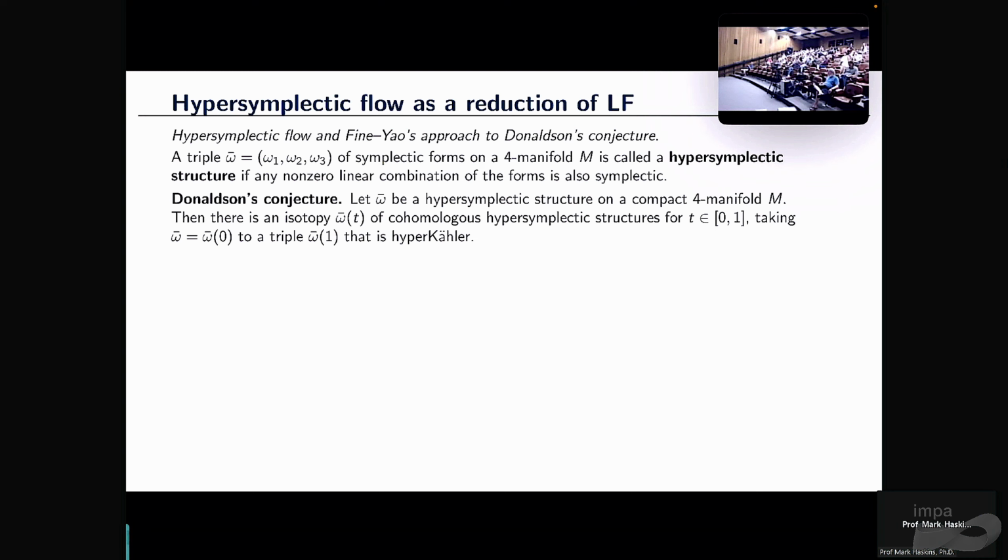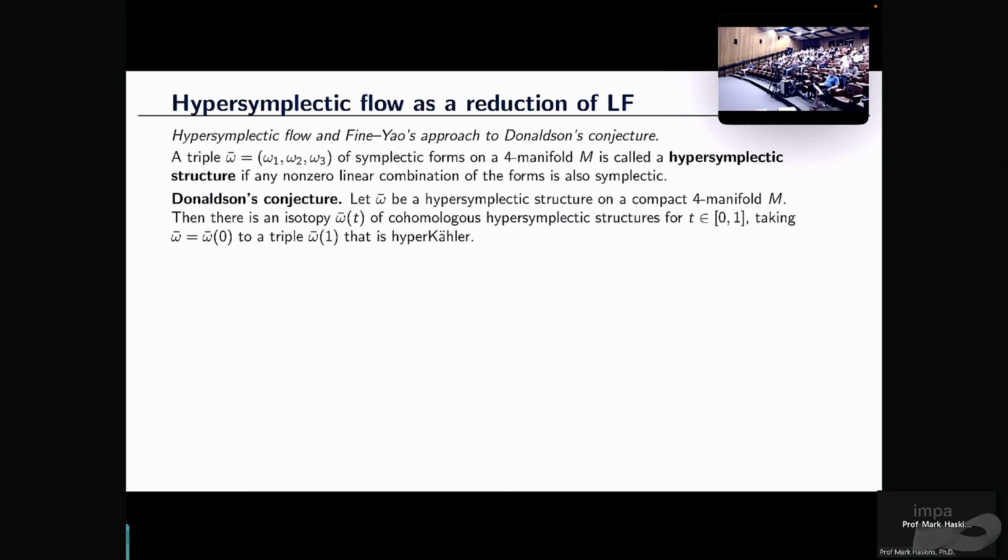And it also relates to a conjecture of Simon Donaldson that on its face has nothing to do with G2 geometry. So if we have a four manifold, then we call a triple of symplectic forms on it hypersymplectic if anytime you take a non-zero linear combination of this triple of forms, that's also symplectic.